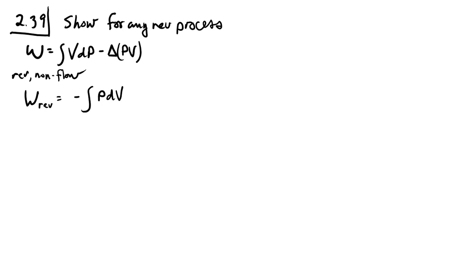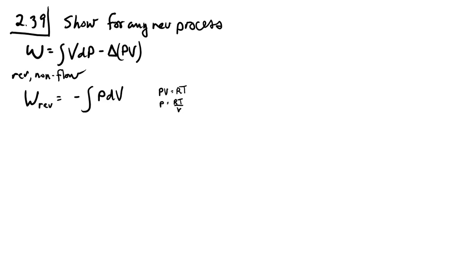A lot of times with these kinds of problems, we are given some relationship for pressure, and that's usually an equation of state. For example, we're given PV equals RT, so P is equal to RT over V. We substitute this in, and we can integrate and solve.